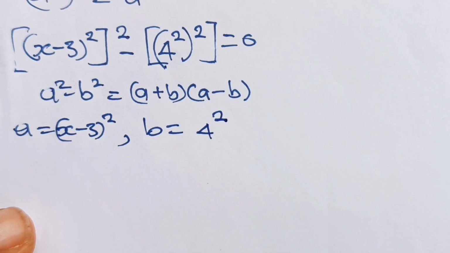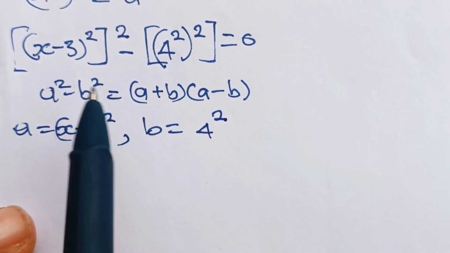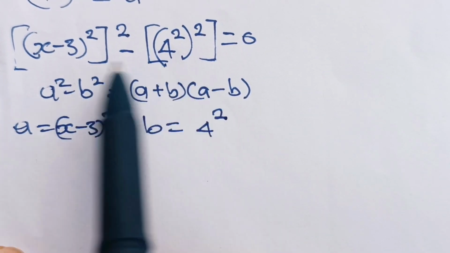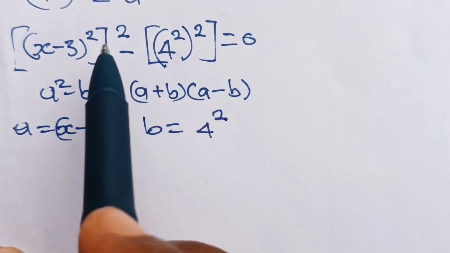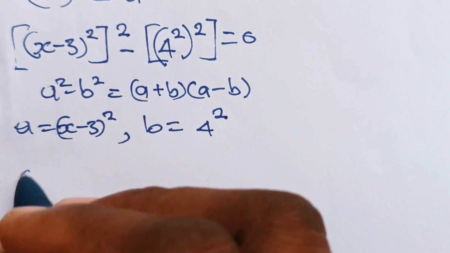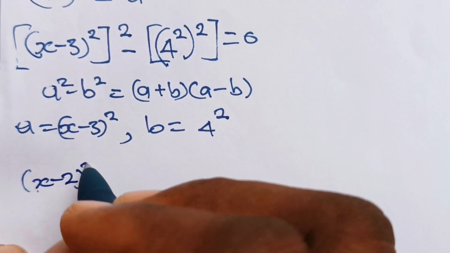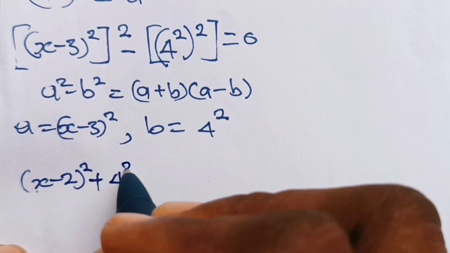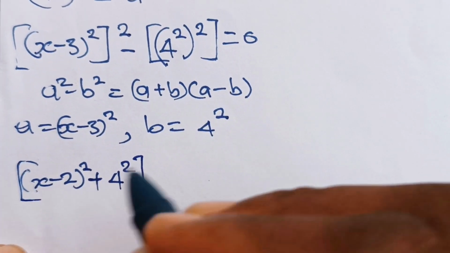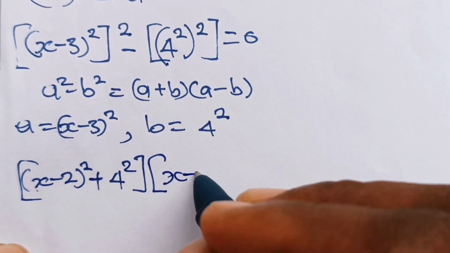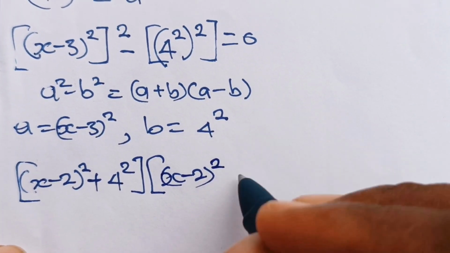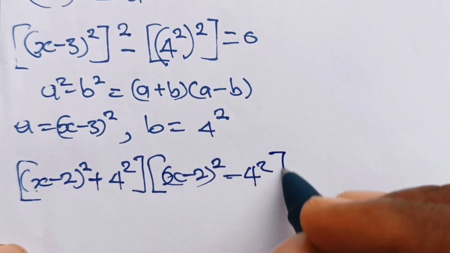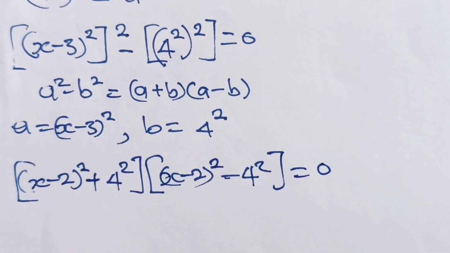So we are going to substitute them into this particular equation. Okay, so we substitute them here. So if we do that, that means we are going to have ((x − 2)² + 4²), right? Multiplied by ((x − 2)² − 4²) is equal to 0.